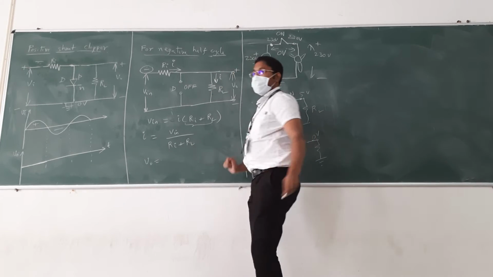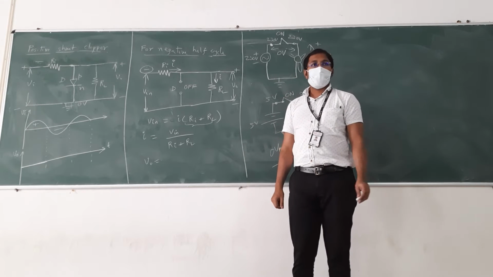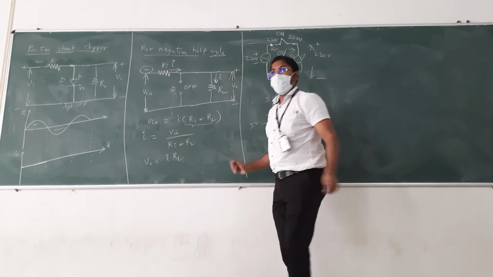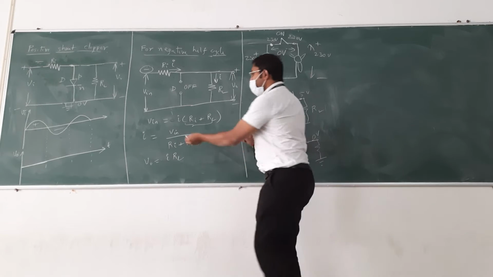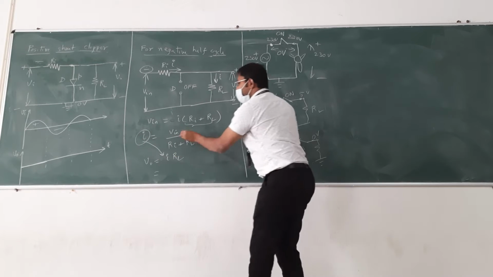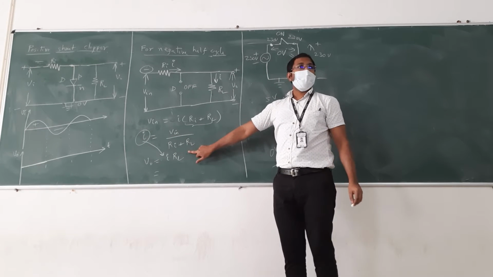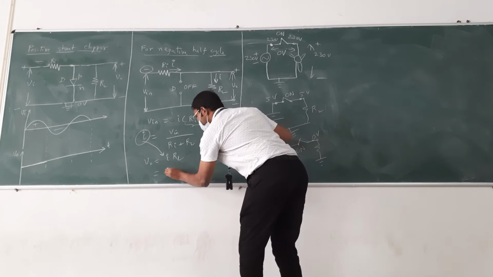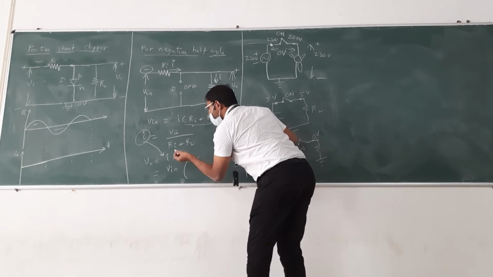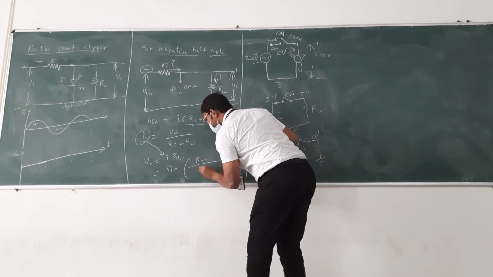So use Ohm's law, what will V naught be? I into R_L. Okay? I, we already got. I is what? Substitute that I here: V in by (R_i plus R_L). So this is V in into R_L by (R_i plus R_L).